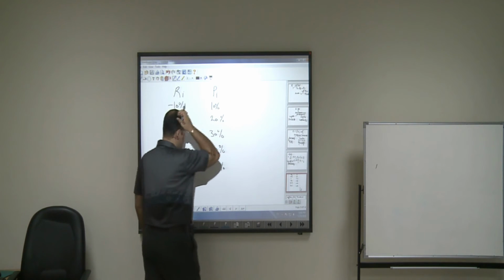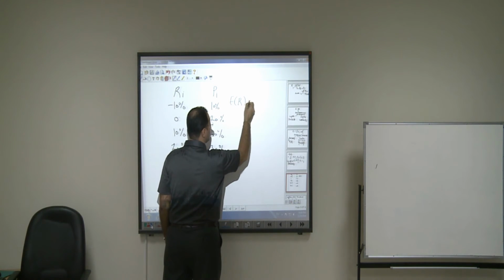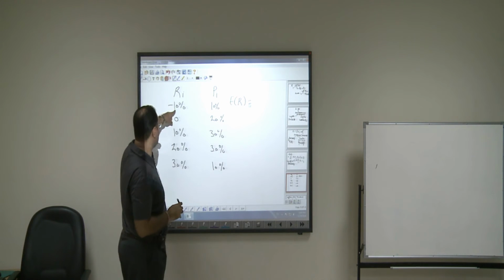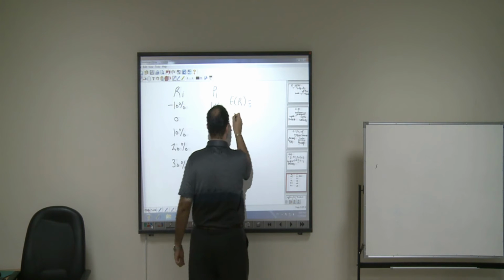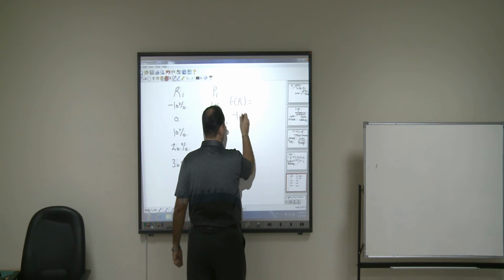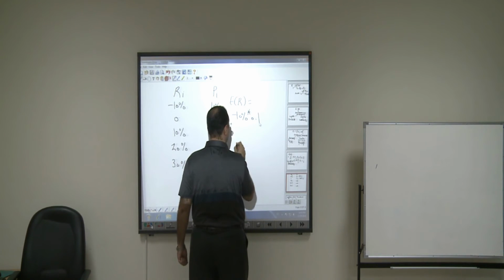Yes, so the expected value of R is going to be: negative 10% times 10%, times 0.1, right?